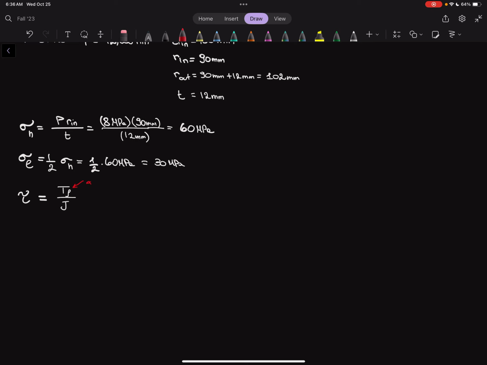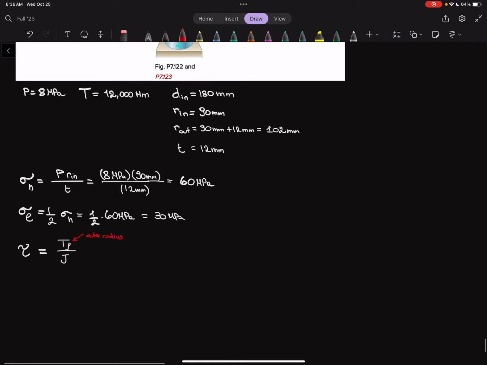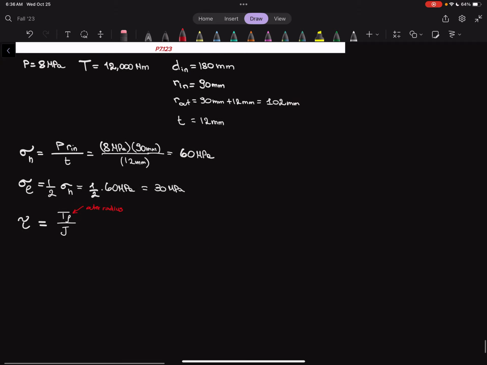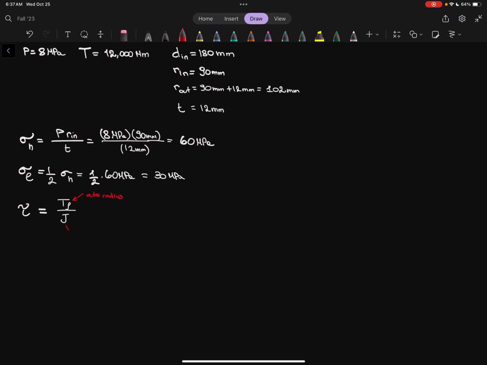This is the outer radius because that's where the shear stress is the largest. And this is the polar moment of inertia for a hollow cylinder. So it's hollow. So let's see, what does that mean?